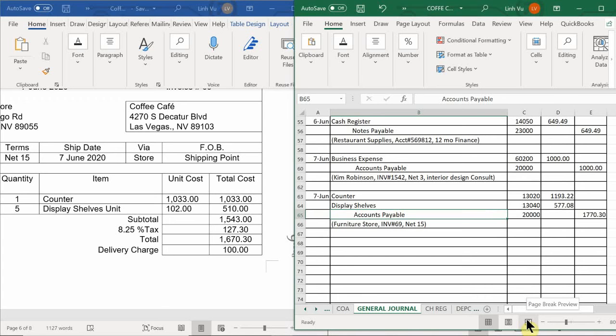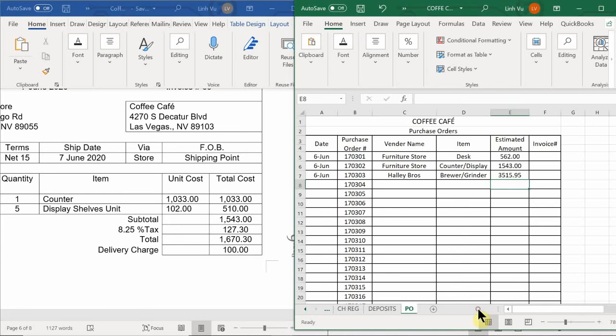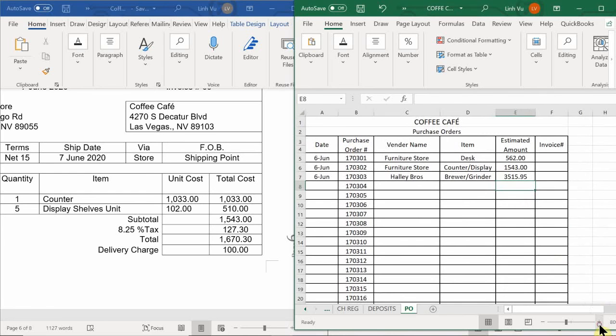Now, since we are here on our journal and we finally received our counter and our display shelves, I'm going to go ahead and verify on my purchase orders that I received my counter and display shelves. Because as a purchasing manager, you need to look at your purchase orders and make sure that you did receive it.